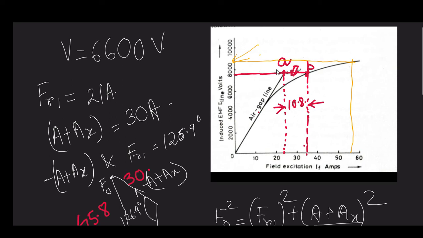Rated voltage, at which current it can produce the rated voltage during open circuit condition. It is somewhat your 25 volt. Your rated open circuit voltage is 660. So at 25 field ampere you can expect rated voltage.